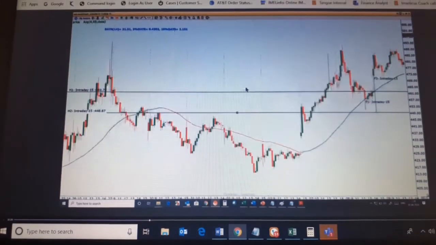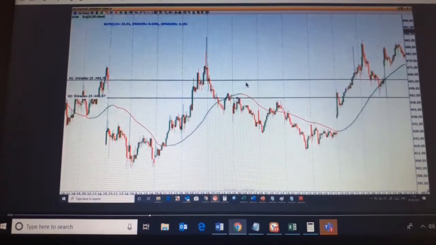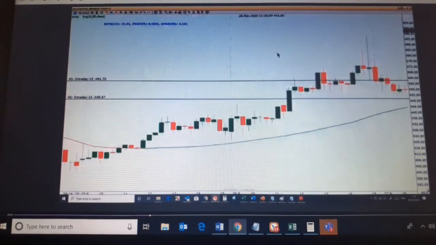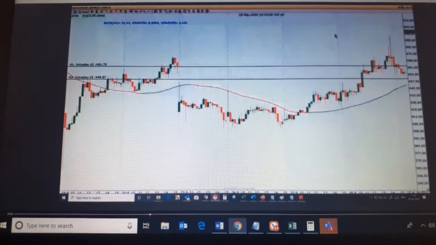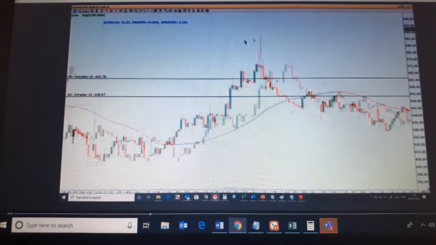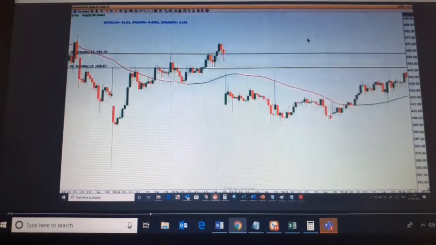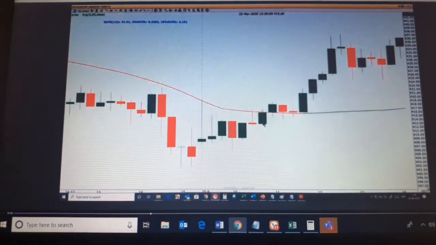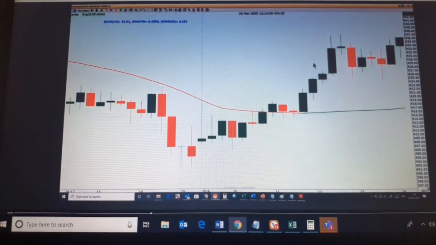So let me show another example. The same thing. Here we have a rally, base and a rally.